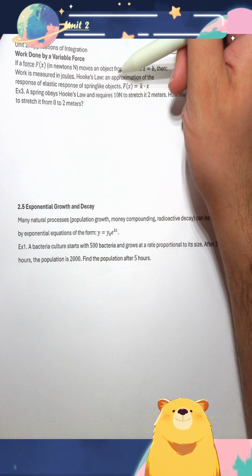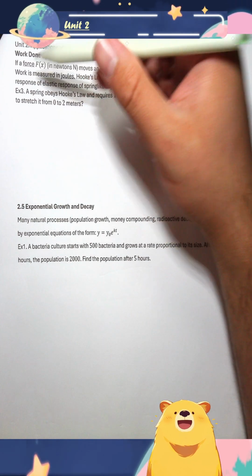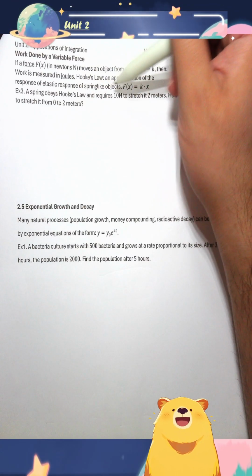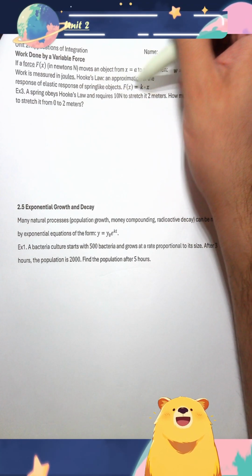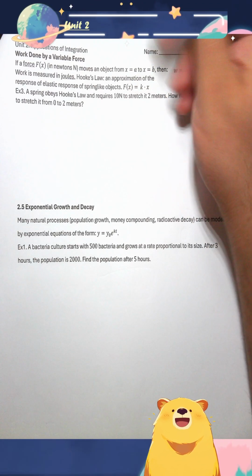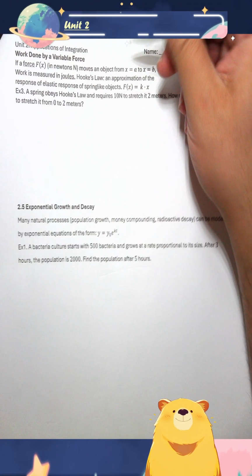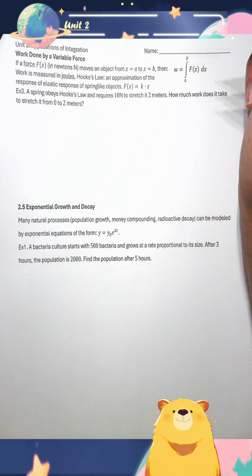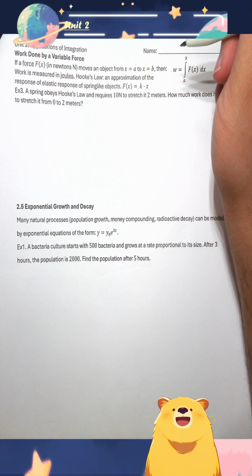Hooke's law states an approximation of the elastic response of spring-like objects, defined as f of x is equal to k times x, where k is some constant.